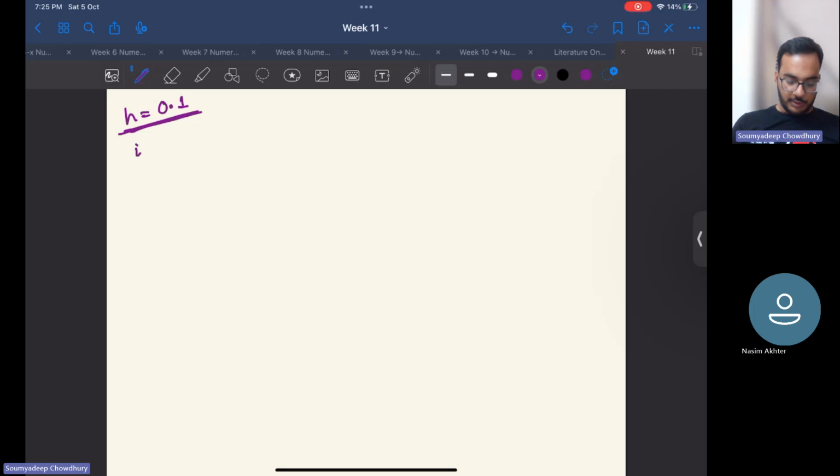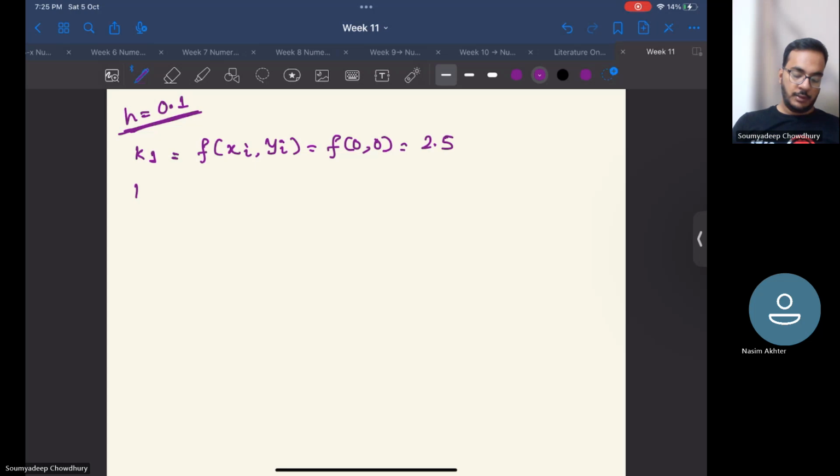So the first iteration is i equal to 1, right? Here first we need to find K1. K1 is f of xi comma yi. That is, the first step is the same, f of 0 comma 0. K2 is f of xi plus h, yi plus h into K1.